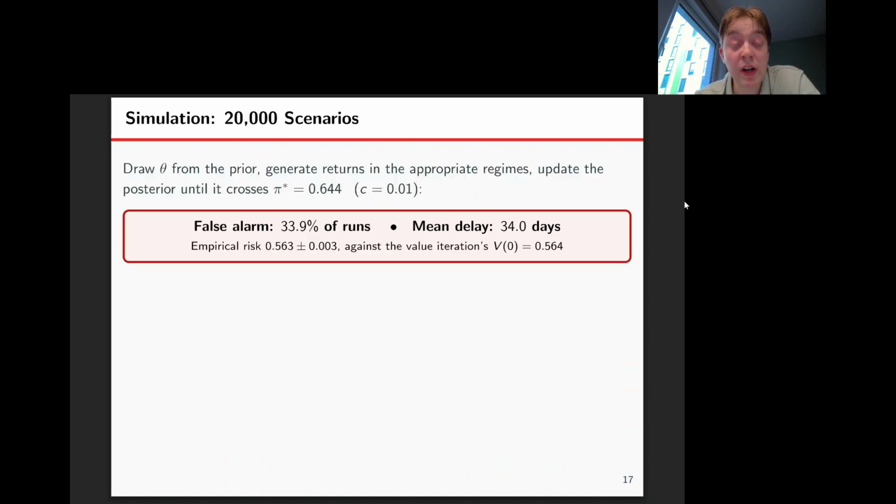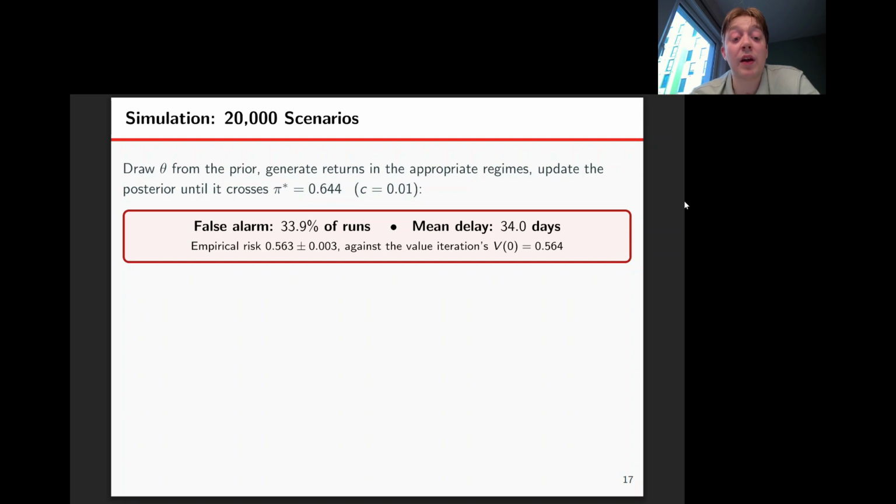Now, running this simulation using Monte Carlo estimation 20,000 times, each time we draw a disorder day theta from the prior, which is geometric, 1 over 60, and we generate these returns in the appropriate regimes, then update the posterior until it crosses pi star equal to 0.644. So this is the situation in which our delay cost C is 0.01.